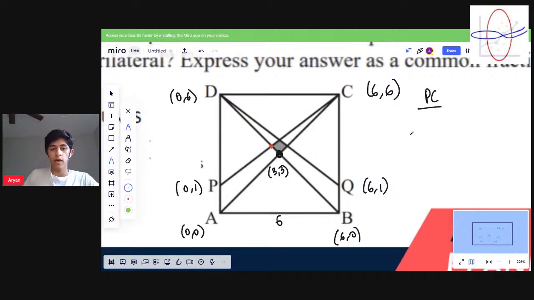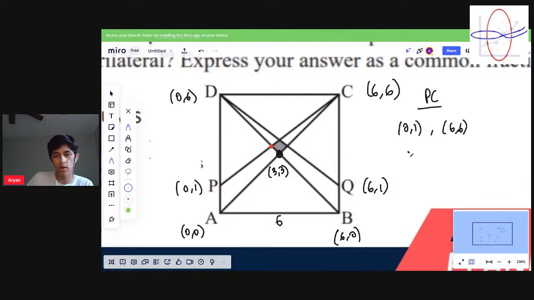PC has one point at 0, 1 and another point on that line at 6, 6. Now if you think about the equation of a line, generally you need the slope and a point. So let's start with finding the slope.